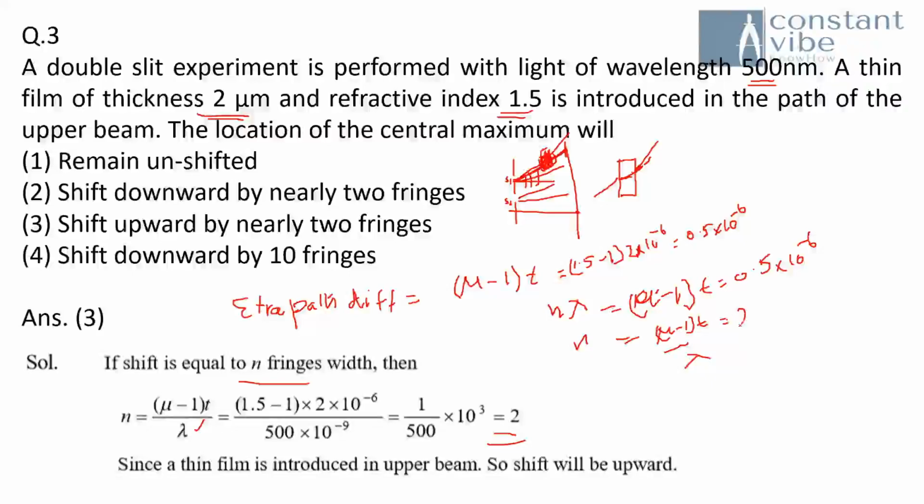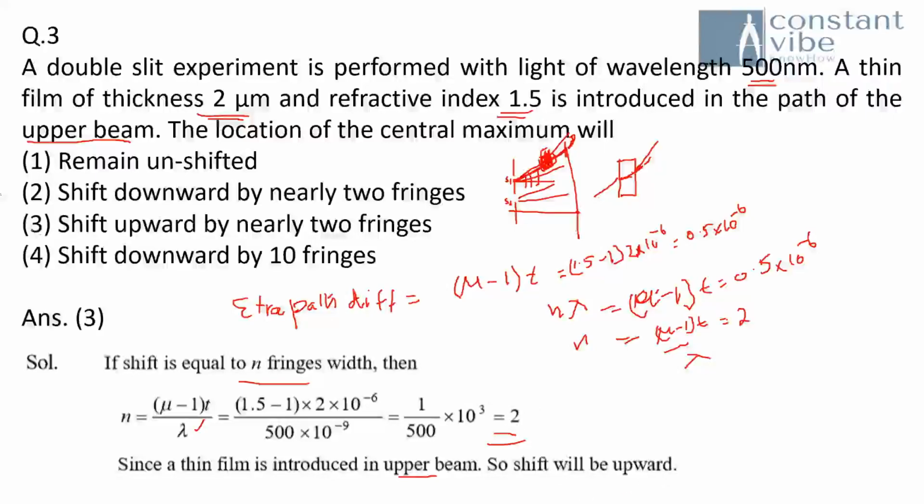So n equal to 2 means the path difference here is 2 fringes in the upward direction, because it is in the upper beam. Since the thin film is introduced in the upper beam, the shift will be upwards.